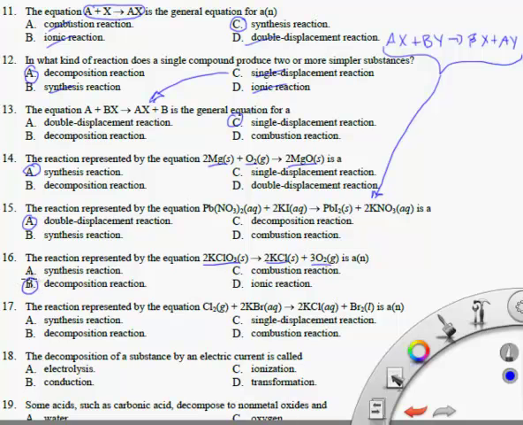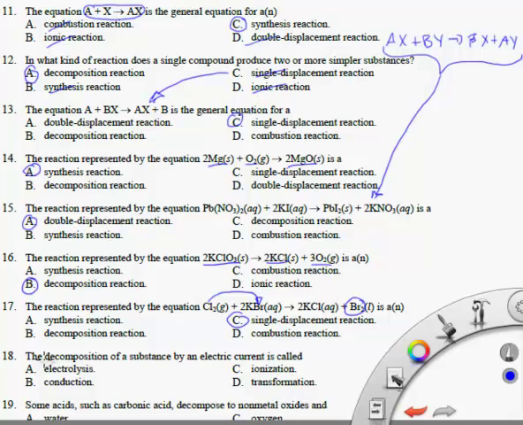We have a decomposition reaction in this instance. Number 17, reaction represented by chlorine plus potassium bromide yielding potassium chloride and bromine is an example of one thing, chlorine, kicking out bromine, displacing bromine. Bromine is now all by itself as a product. This is a single displacement reaction.